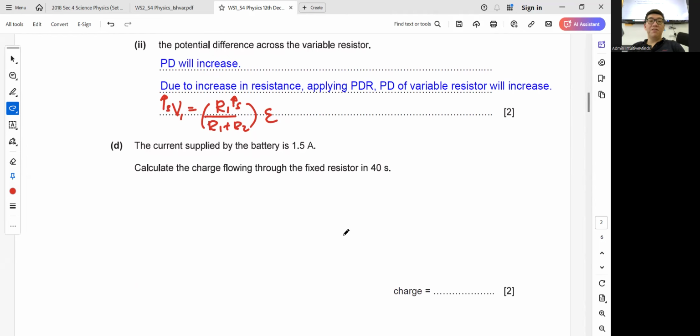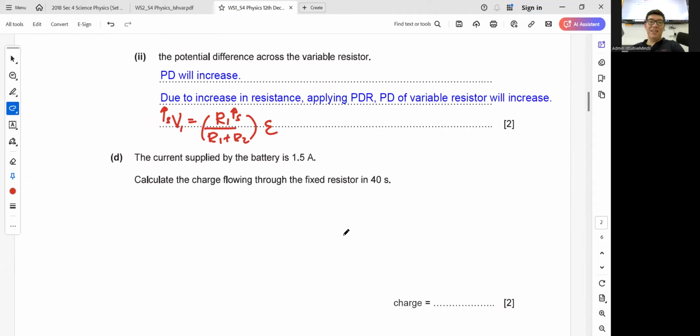I would assume you can do this. What's the formula to use? How do you know? Put down the symbols first. Q equals IT because it has both I and T. This one is easy peasy.